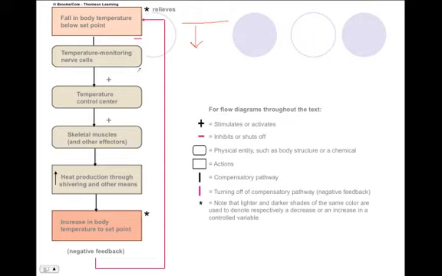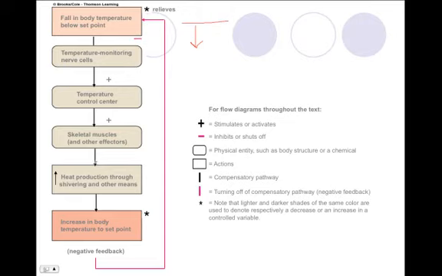We do have these temperature monitoring nerve cells that are going to detect that fall in body temperature. And so they're going to send that information, again, back to the brain, to the control center, where a decision will be made to send information out to our effectors, the skeletal muscles, and basically we'll tell those skeletal muscles to, again, release heat, and they're going to do that through shivering.